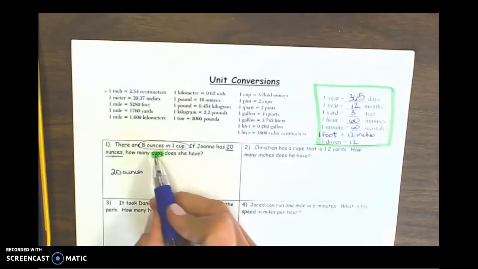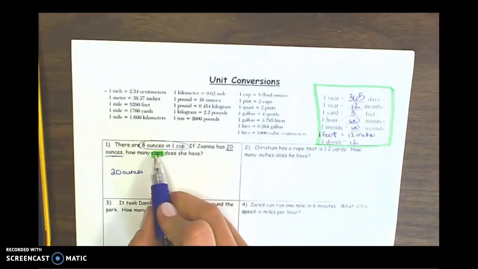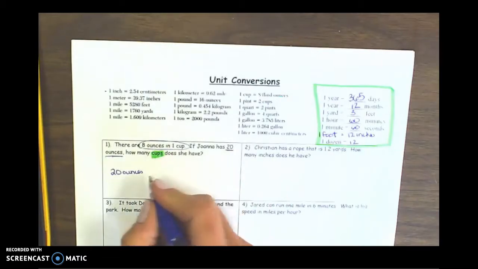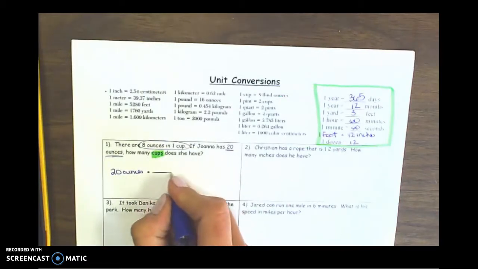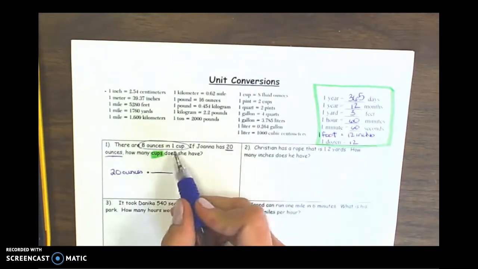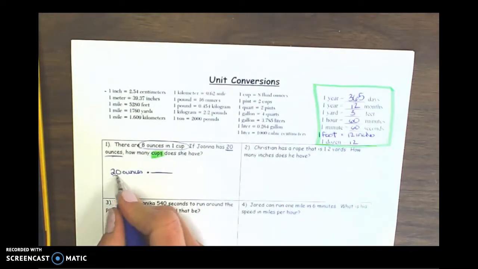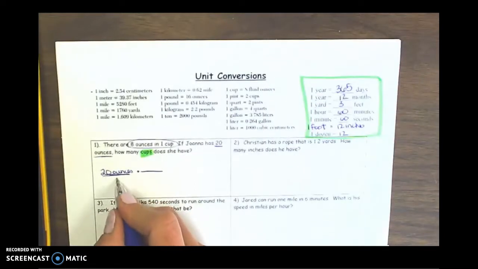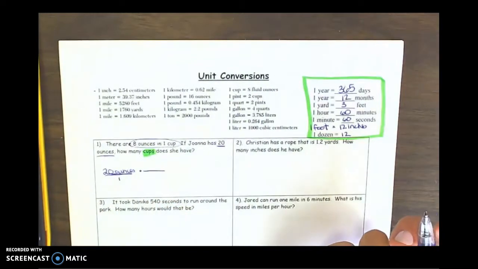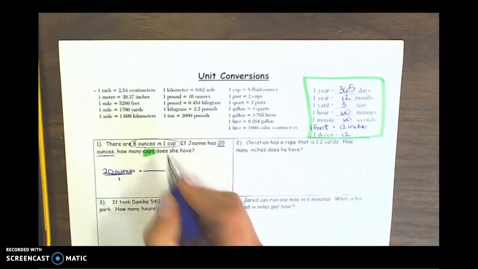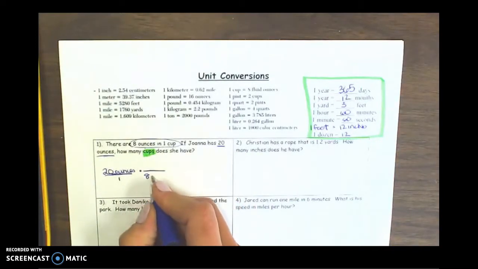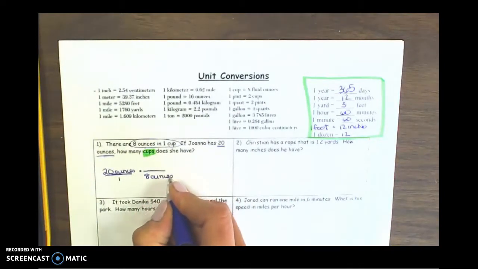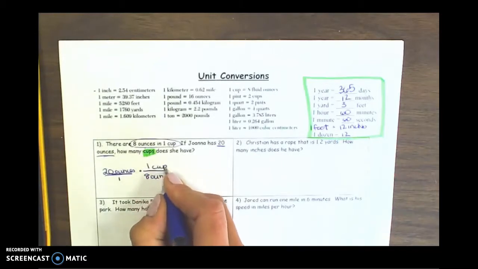So what I'm going to do is write this as a ratio, as a fraction. I know 8 ounces is 1 cup. So I'm going to multiply this by the unit conversion, or its equivalent. So we know 8 ounces is 1 cup. Now if I make this into a fraction, what I want to happen is I want the ounces to cancel. So I'm going to put ounces in the bottom. 8 ounces are in 1 cup.